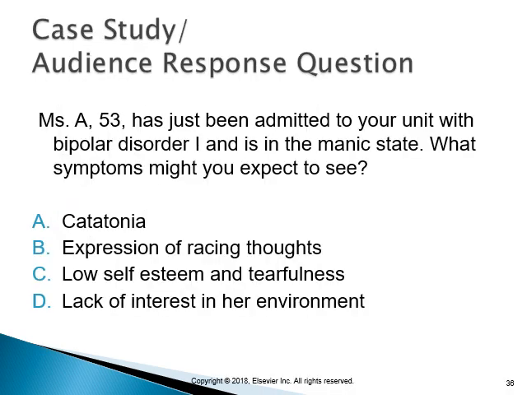Ms. A, 53, has just been admitted to your unit with bipolar 1 and is in a manic state. What symptom might you expect to see? Catatonia, expression of racing thoughts, low self-esteem and tearfulness, lack of interest in her environment. If you said expression of racing thoughts, you are correct.